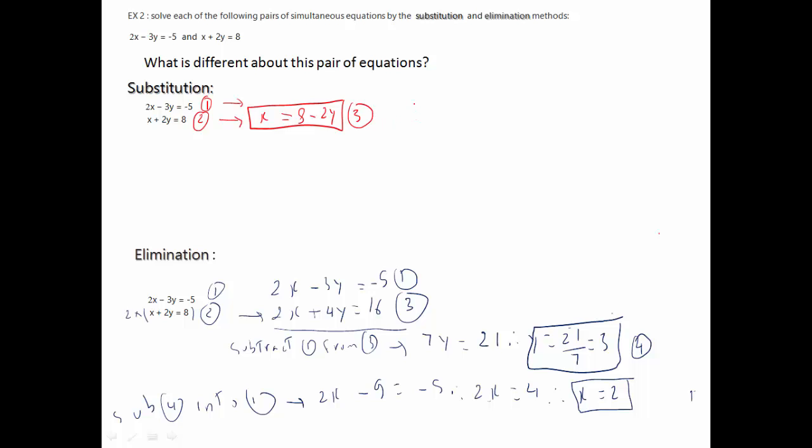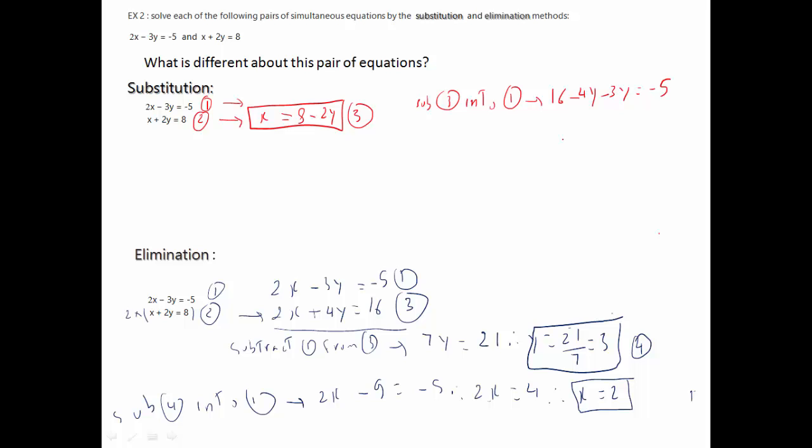Now substitute 3 into 1, which will give us 2 times 8 minus 2y. So 2 times 8 is 16, 2 times 2 is minus 4y, minus 3y equals -5.